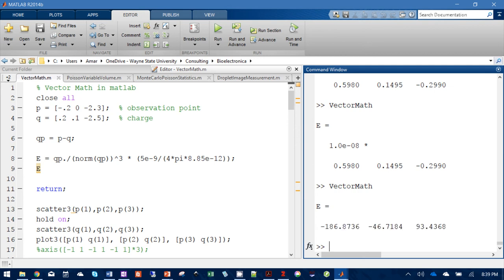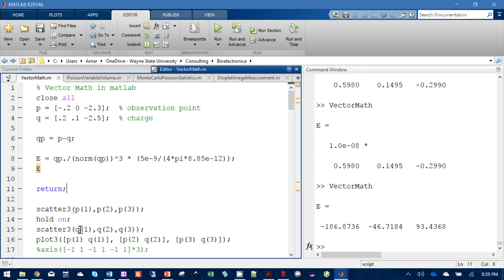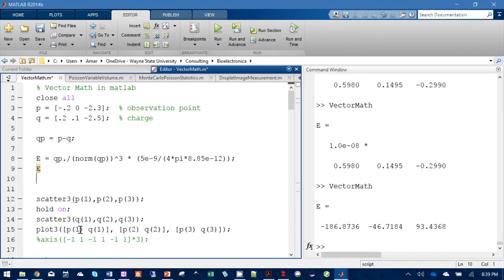Now let me show some other things you can do with MATLAB. Visualize, visualize, visualize. This first command here is a scatter plot. What this does is plot the point P. And the second command here plots the point Q. The command is scatter3, and you have to put in the x coordinate, the y coordinate, and the z coordinate explicitly.